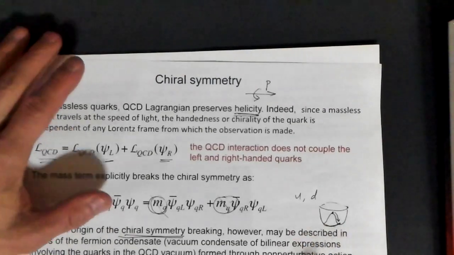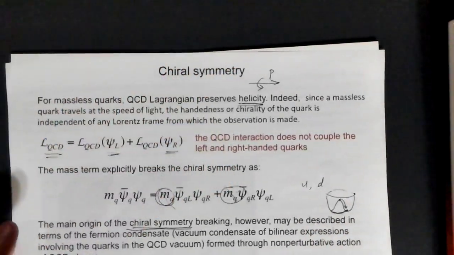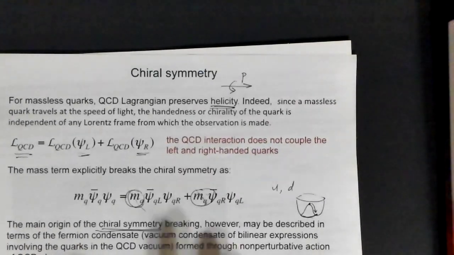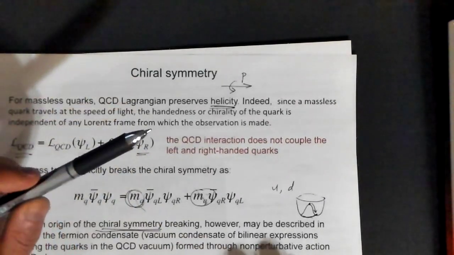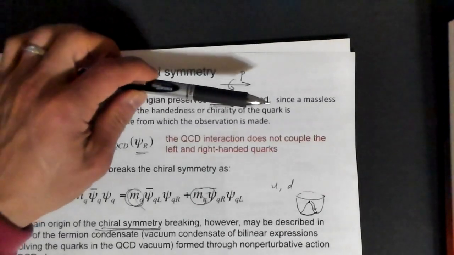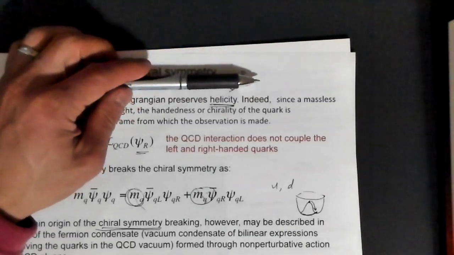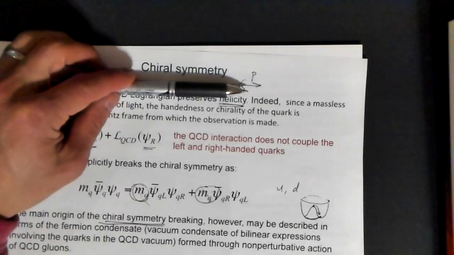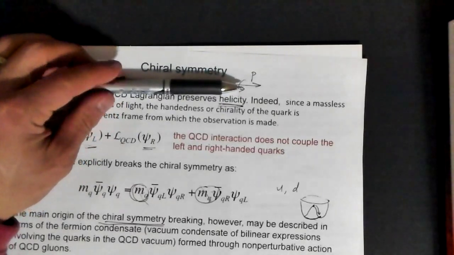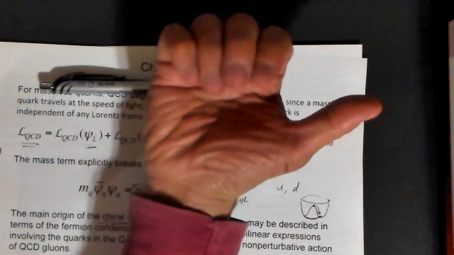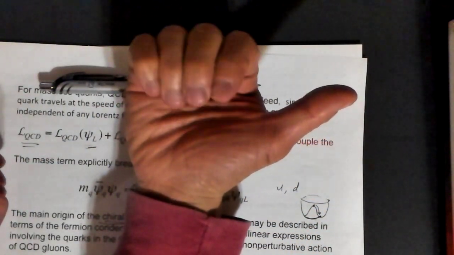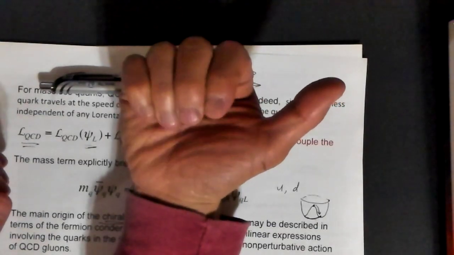So let's talk a little bit about chiral symmetry. So we've talked about helicity. Helicity is the component of spin in the direction of the momentum of a particle. So let's say a particle is moving in the direction that my pen is pointing, to the right like this, okay? And let's say it's spinning like this, then this is what we call a right helicity particle, right-handed helicity.